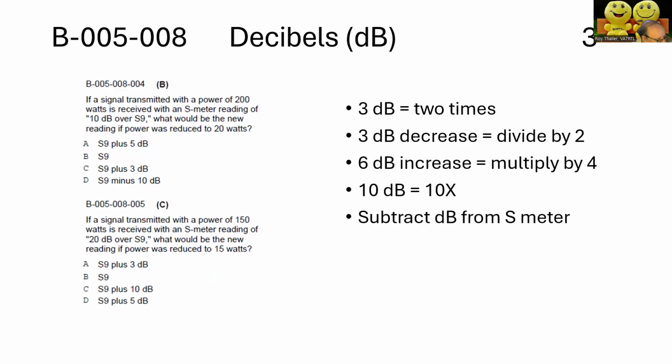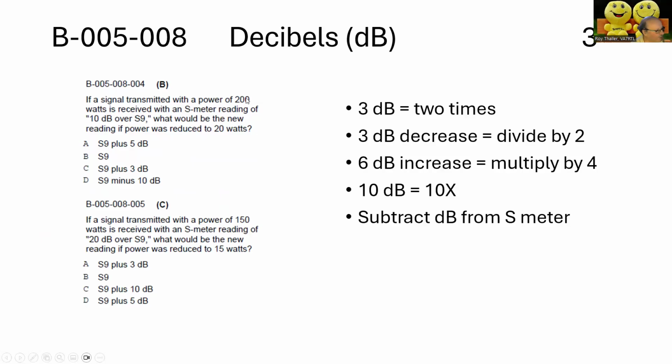Here is another question. This has to do with S units. So if a signal transmitted with a power of 200 watts is received with an S meter reading of 10 dB over S9, what would be the new reading if the power was reduced to 10 watts?